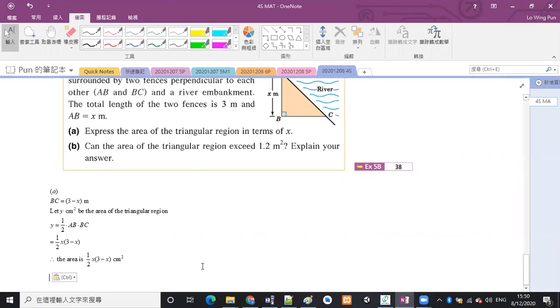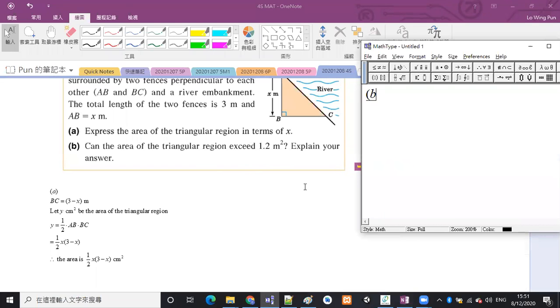That is the answer of part A. Okay, and then in part B, can the area of the triangular region exceed 1.2 meters square? 可唔可以超過1.2呢？呢個面積，呢一個諗法呢，記住喎，我哋經常都會用喎。如果佢問你會唔會超過一個數嘅話呢，我哋睇下呢個數最大或者最細會係幾多？OK，得唔得？Part B. Because y is equal to 1/2 times x times 3 minus x, and then it is equal to 1/2 times 3x minus x squared.